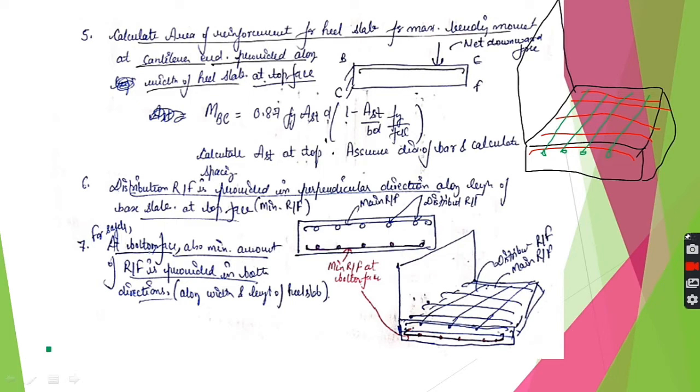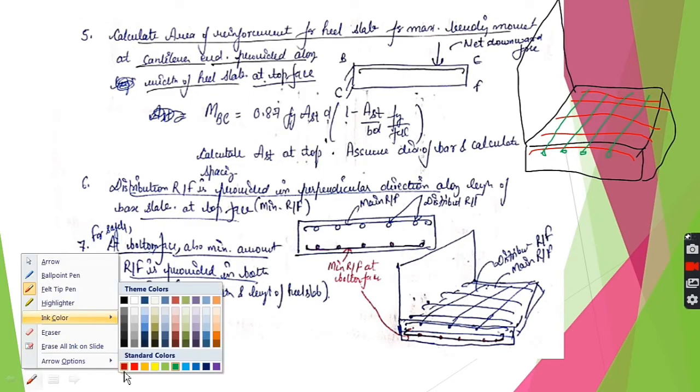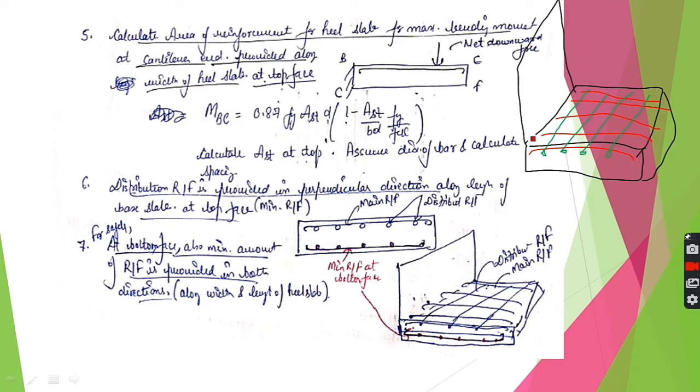Similarly, as done in the case of stem, the top face was under tension, so we provided the main reinforcement here. The bottom portion is under compression, where reinforcement is not required theoretically, but for safety we provide a minimum amount of reinforcement here also, along the width as well as along the length at the bottom face. So the cross section of your slab will look like this.